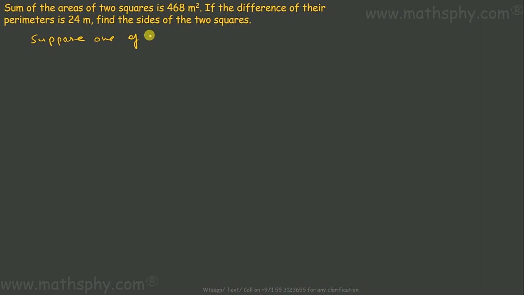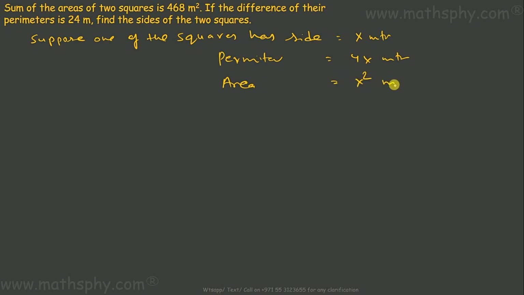Suppose one of the squares has side which is x meters. In that case, same square will have perimeter 4x meters and area x square meter square. Okay, now let's talk about the second square.